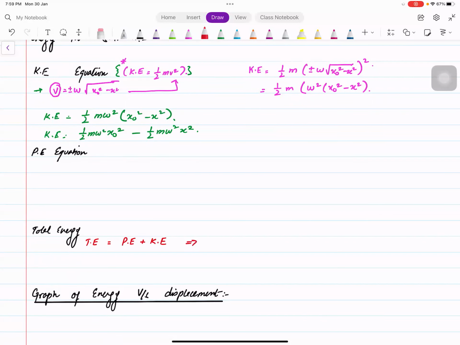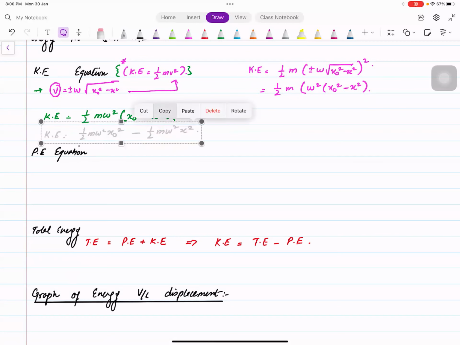Can I also say then kinetic energy will be equal to total energy minus potential energy? Yeah, you can. Now check something very interesting here. Take this equation, copy this, and write it right here.